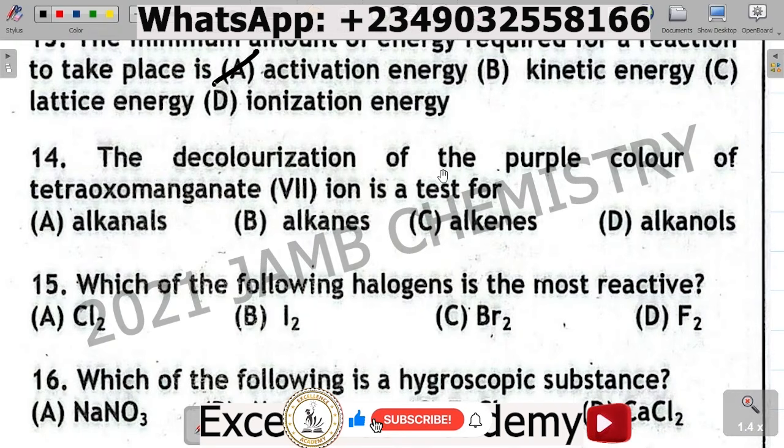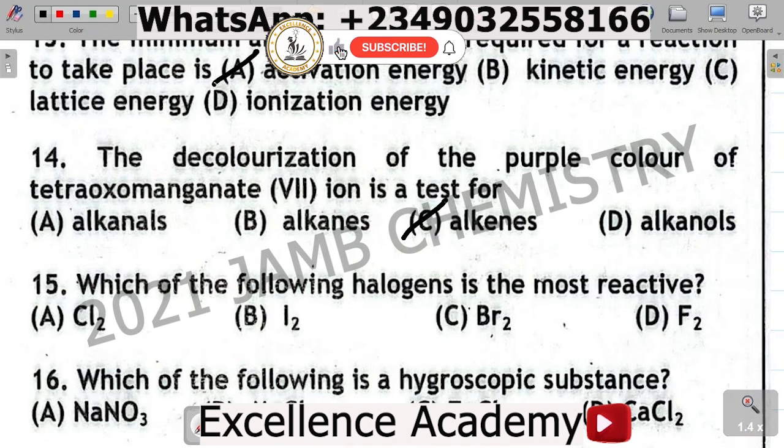The decolorization of the purple color of tetraoxomanganate(VII) ion is a test for A, alkanals, B, alkanes, C, alkenes, D, alkanols. The correct answer here is C, alkenes.